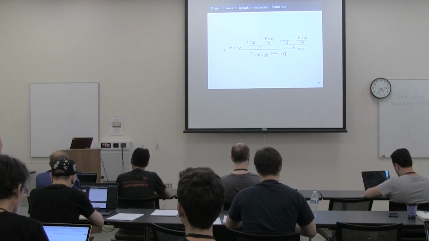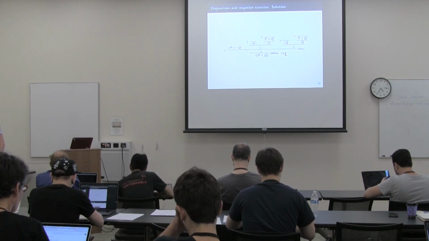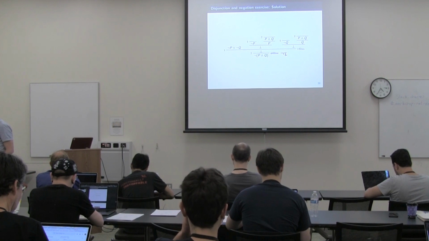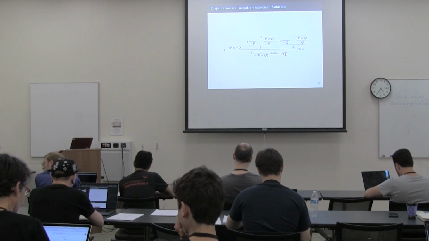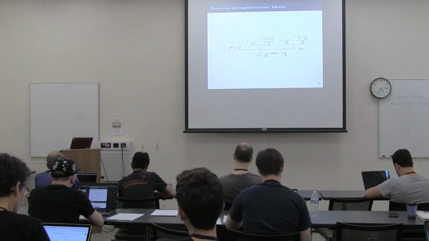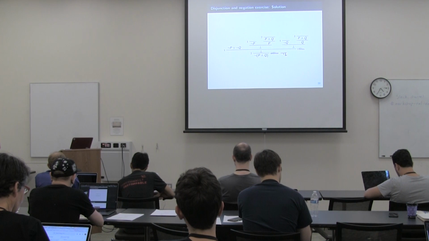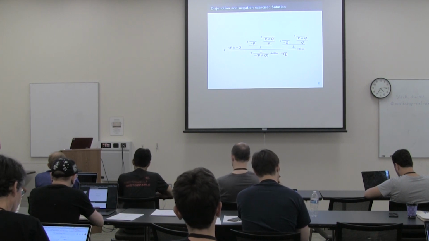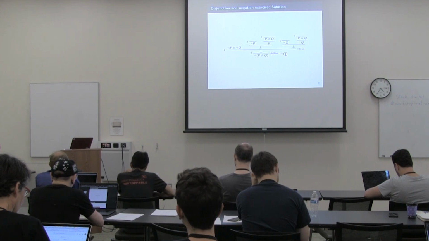Mm-hmm. So given this thing, we either have P is empty, and we can do this one, or Q, and from that we can derive a P implies Q, because if P is empty, this is just the trivial function, because empty has no value that it maps to.